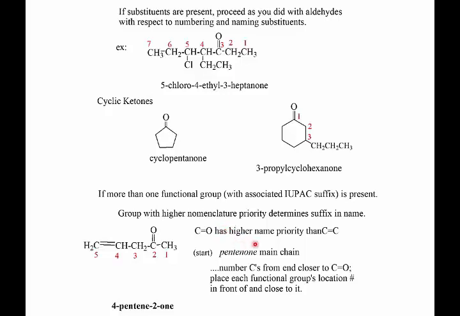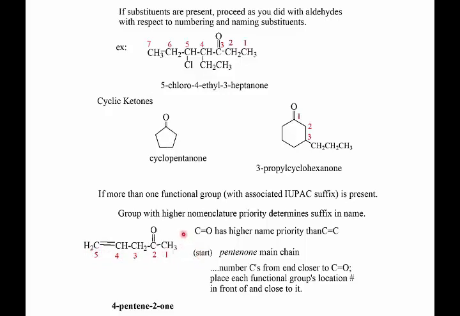So what we want to do now is count the number of carbons in the ketone chain. That's 1, 2, 3, 4, 5, and a starting name would be pentanone, assuming a single bond here, and we will now have to change that to pentenone because there's a double bond in the parent chain.